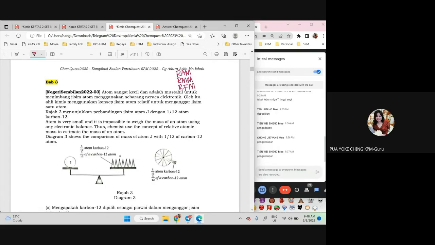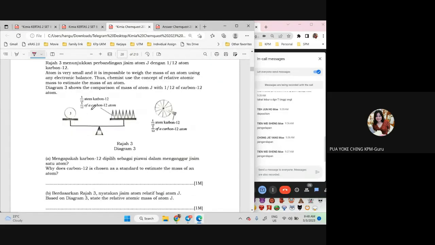Atau ada pun is your RAM, relative atomic mass, relative molecular mass, relative formula mass. Hafal your definition. Maksud. And biasanya yang keluar ialah relative atomic mass lah. Relative atomic mass is the mass blah blah blah 1/12 carbon 12. Okay, so this is the one.